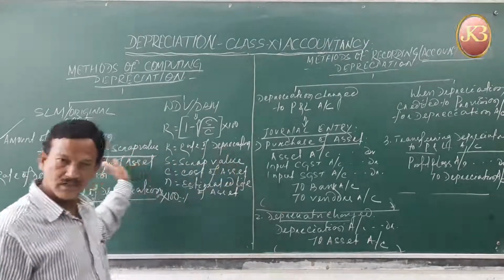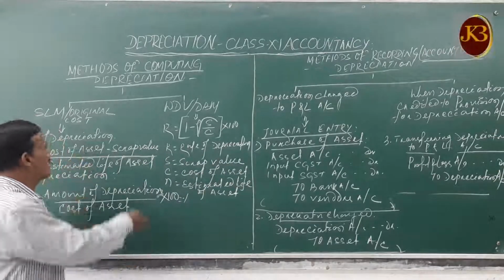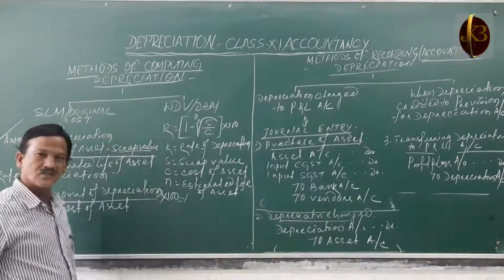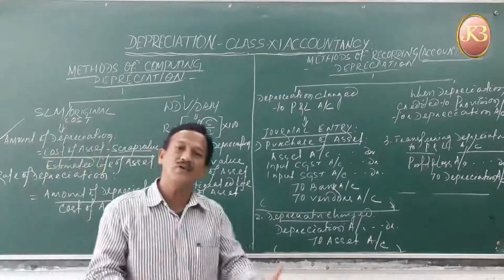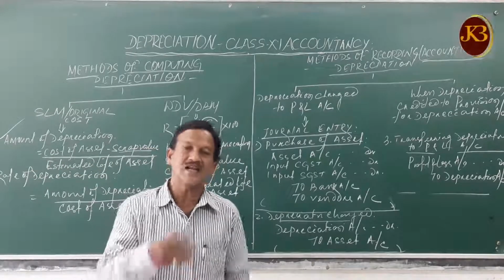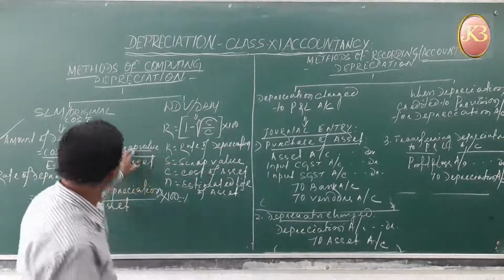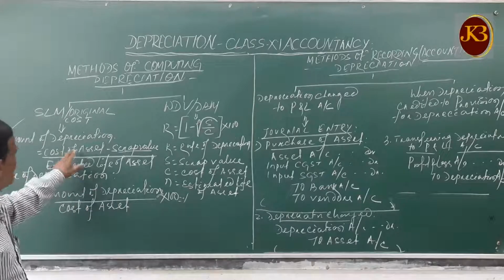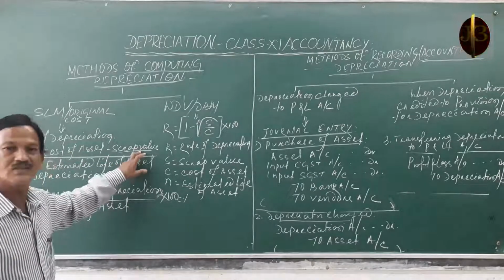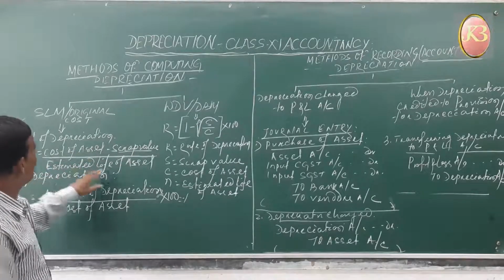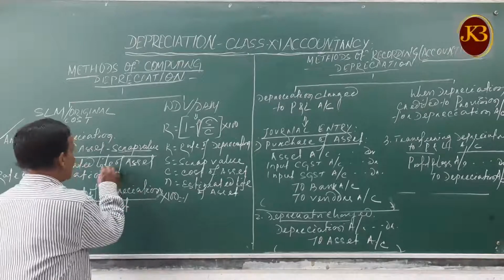GST will not be included. Then the cost of the asset minus the scrap value, the residual sale value of the asset at the end of its life, is to be subtracted and divided by the estimated life of the asset.